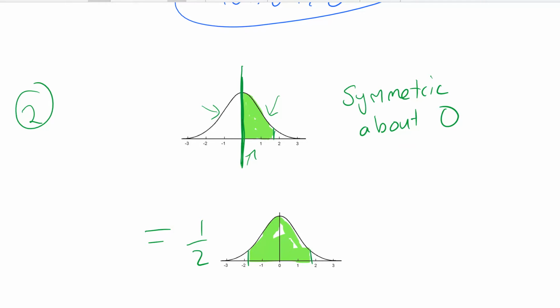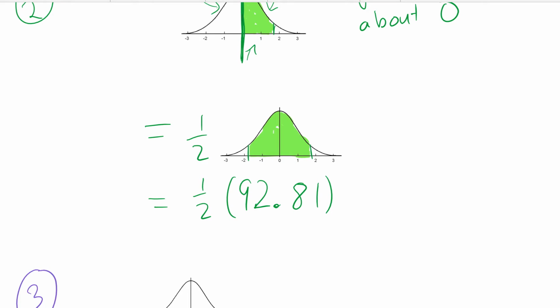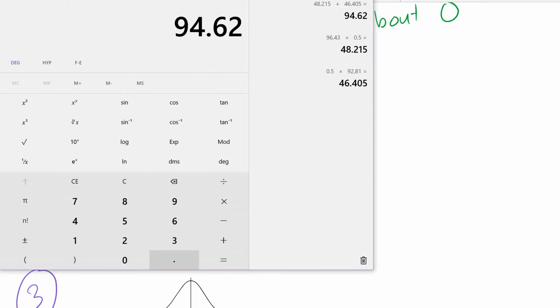We found the area of that region above. It was 92.81. Let's plug that into the calculator. So it's 0.5 times 92.81, and that's equal to 46.405.